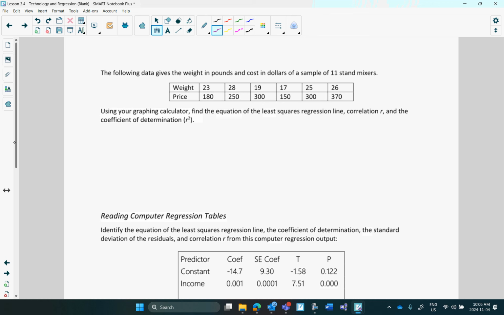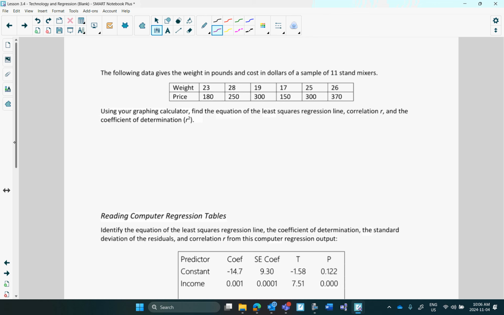So you've got to scroll down till you get to number 8, where it says LinReg A plus bx. Hit enter. Your X list should be L1. Your Y list should be L2. Don't worry about frequency list or store. So just go down to Calculate.